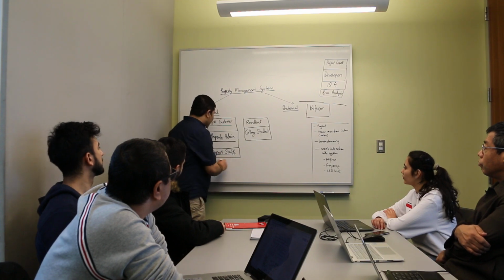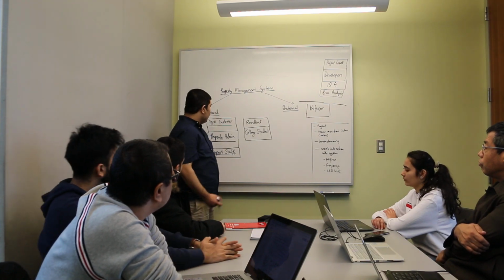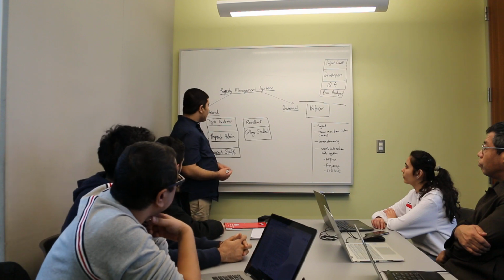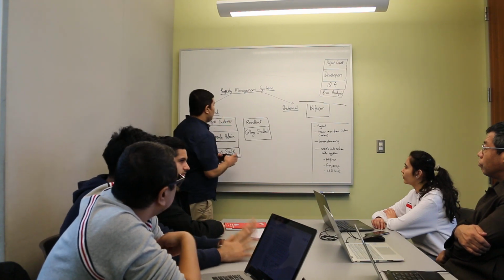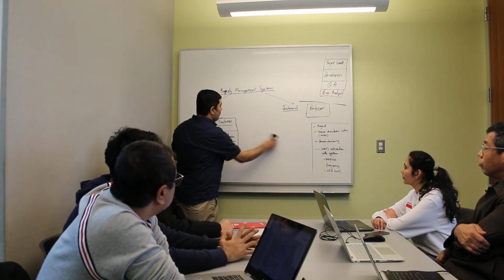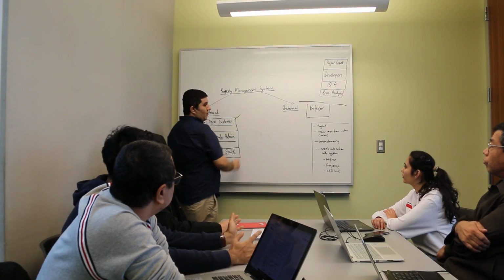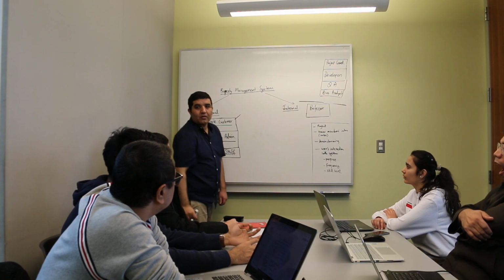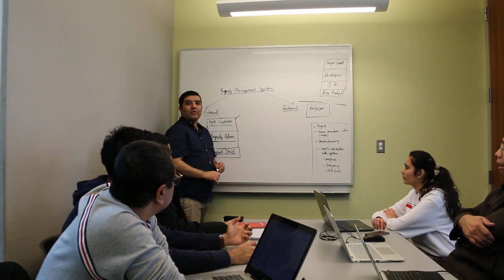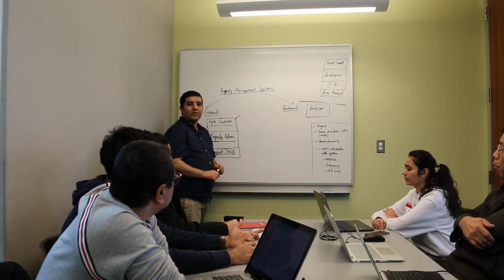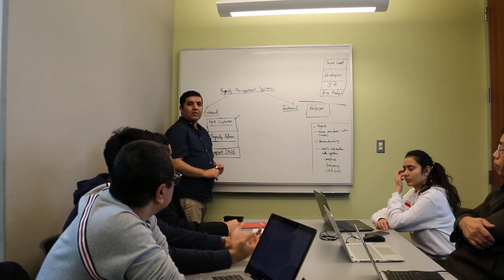So how will support staff use the system? For support staff, we can have a bunch of roles that fall under that category. We can have plumbers, accountants, security, and the people who clean and everything.